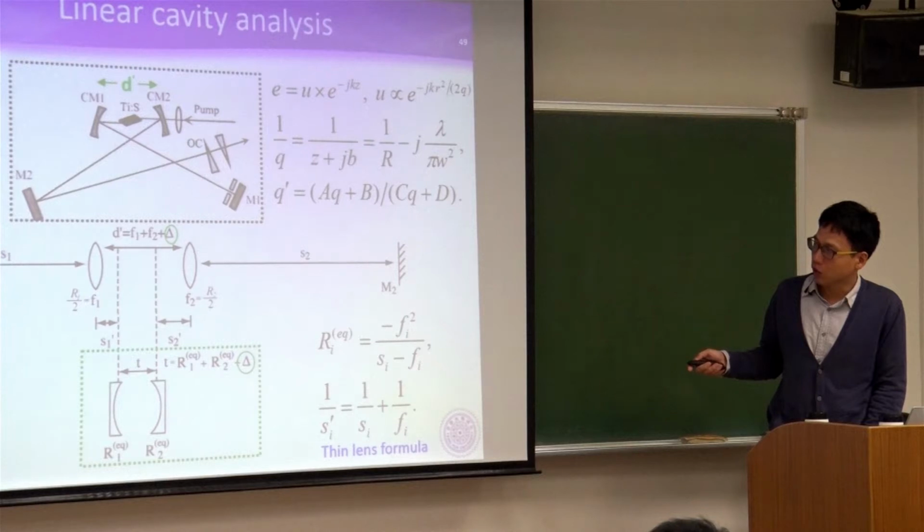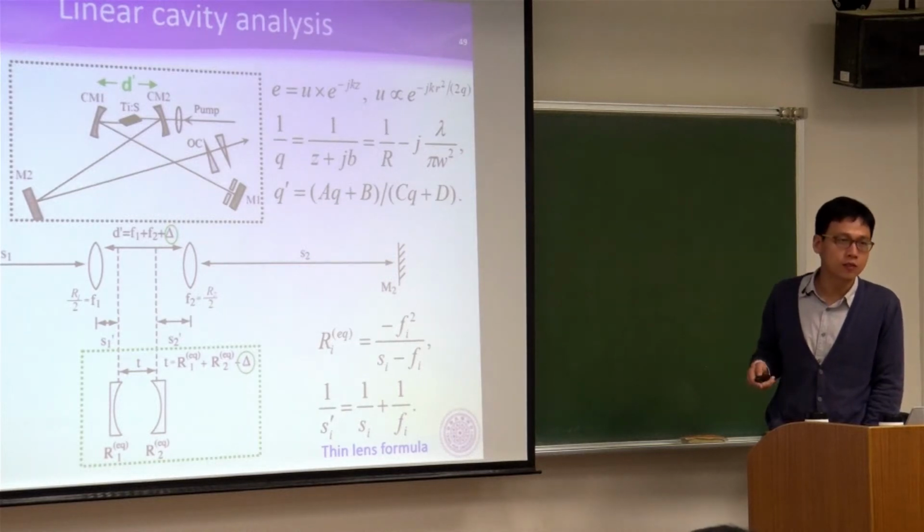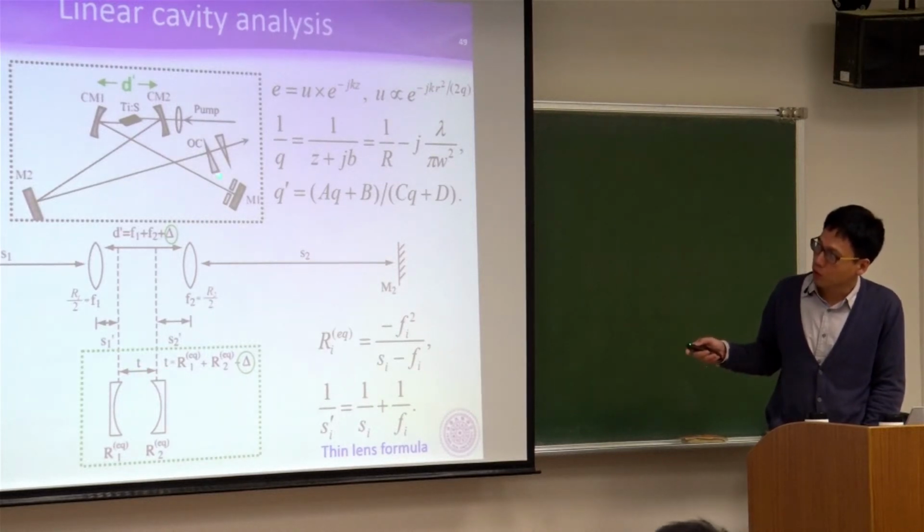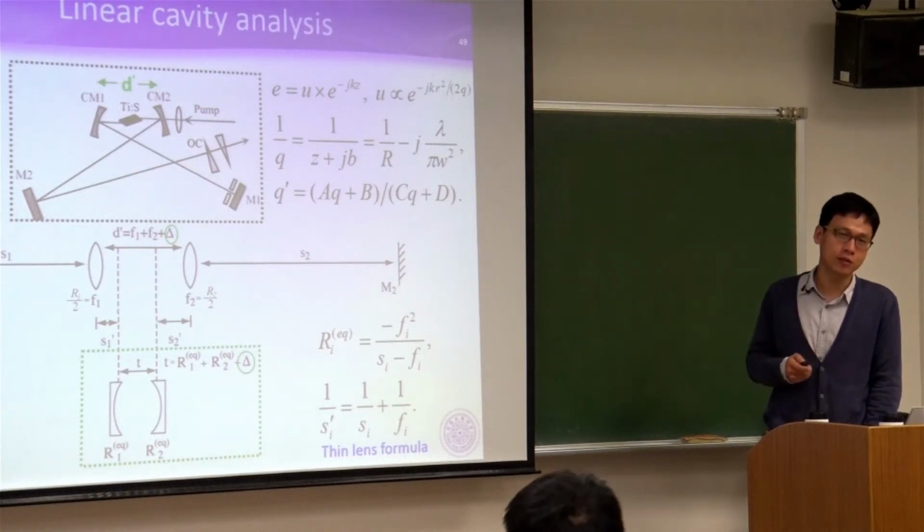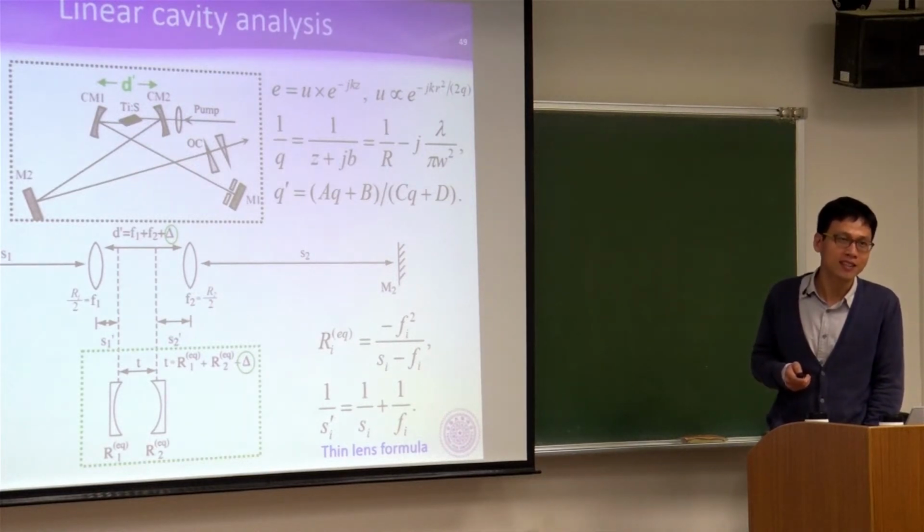By the same token, you can calculate the second equivalent curved mirror. So the original linear cavity is further simplified into a two-mirror cavity. Okay, you see from the original cavity, in 2 steps, you get a very simple two-mirror cavity.